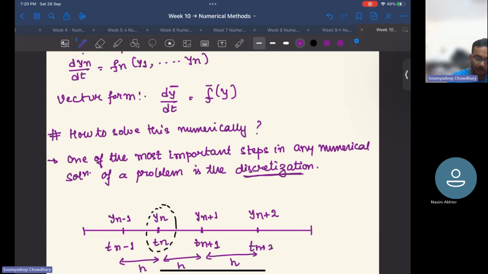So now you can see, to reach from yn to yn plus 2 based on the discretization I have given here, you have to do two iterations or two steps. First from yn you have to jump to yn plus 1. Then from yn plus 1 you have to jump to yn plus 2. Right. Suppose if you were given yn plus 1 and you were asked to find yn plus 2, then you would have only one step. So the discretization that you choose will decide the number of steps you have to perform in order to compute the value of the function at that particular point.